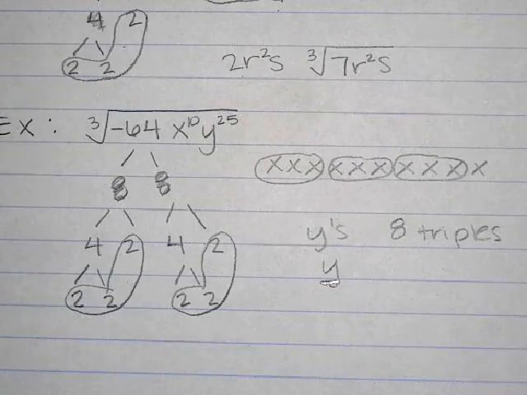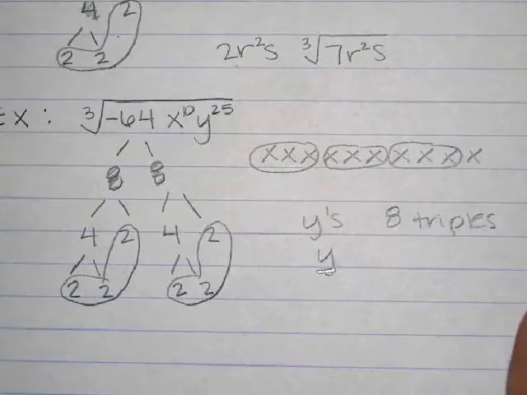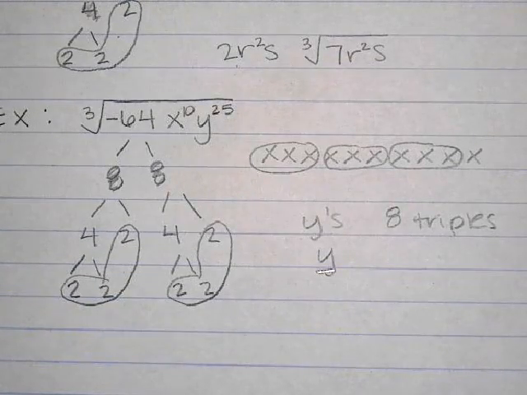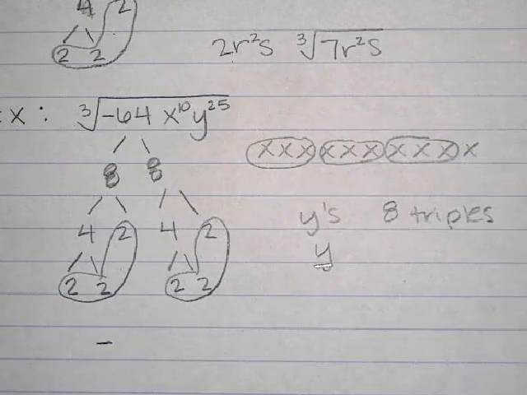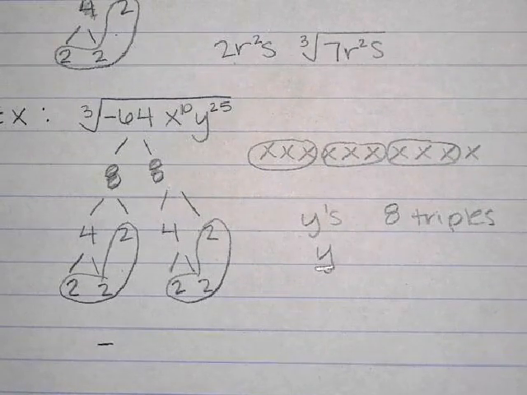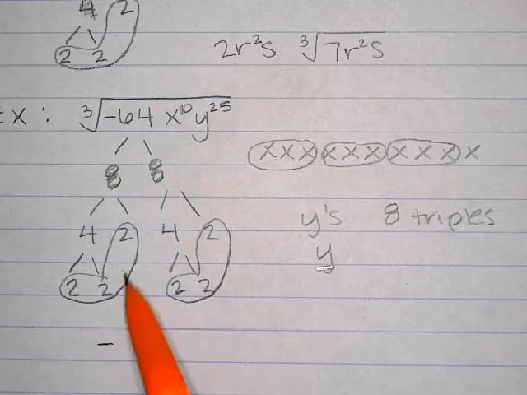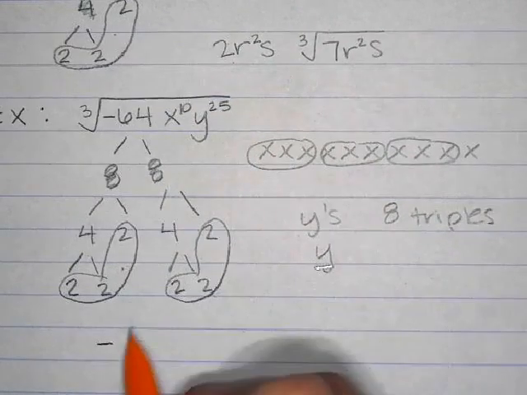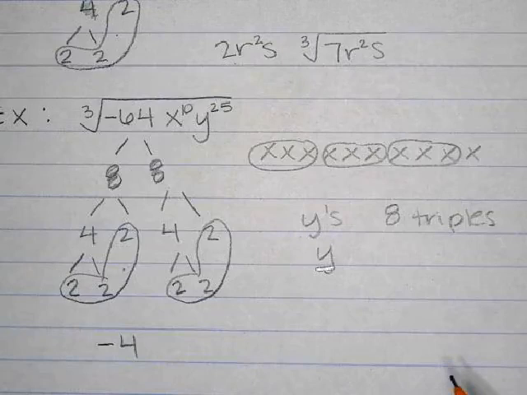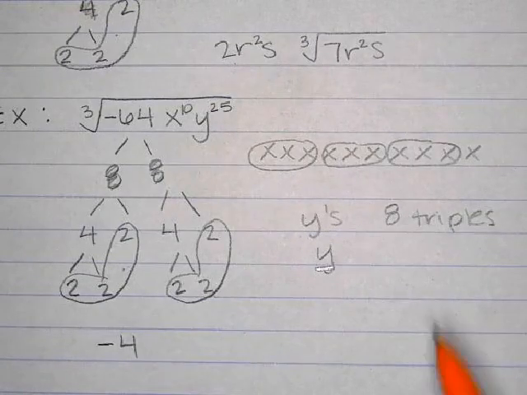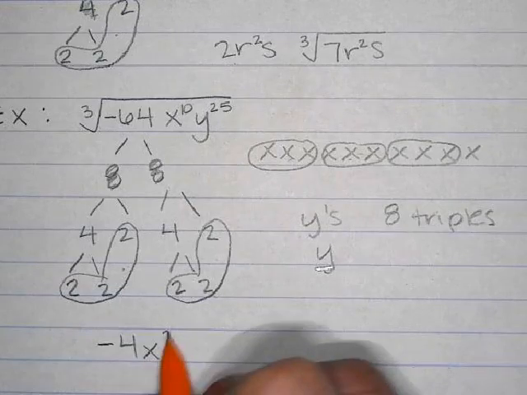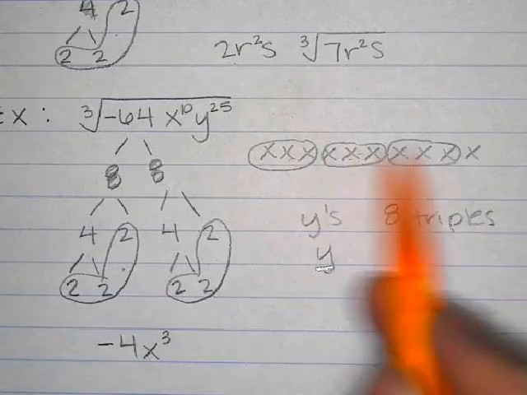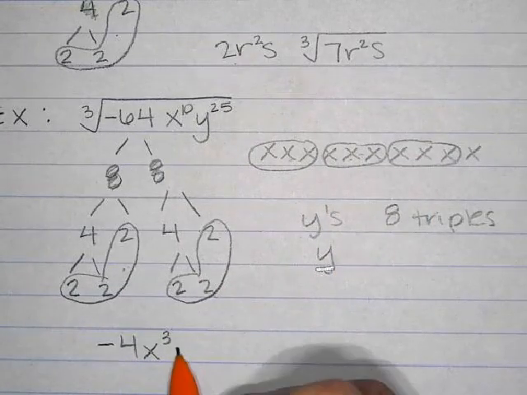So we have a negative in the front. And then what do we have with our numbers? 4. 2 times 2 is 4. What do we have with our x's? x cubed, x to the third, so x times x times x. What do we have with the y's? y to the 8, because we had 8 triples. So that takes care of the outside.